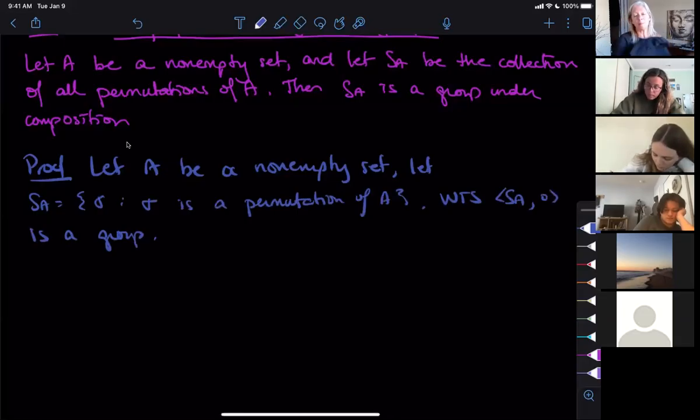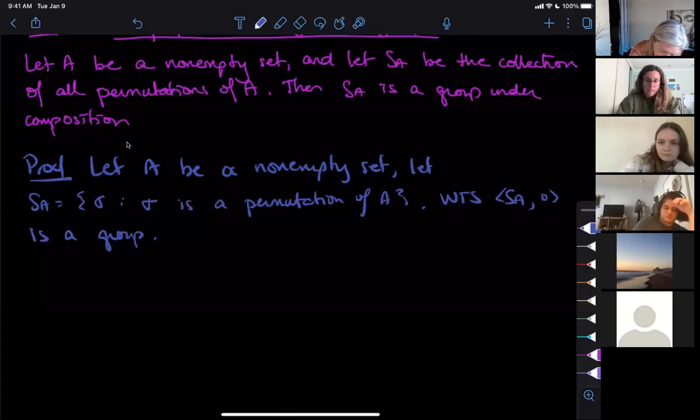Okay, so there are either 3 or 4 things to show. We need to show closure, inverses, identity, associativity. But function composition is always associative, so I'm just going to state that, and you can state that yourselves whenever this comes up.